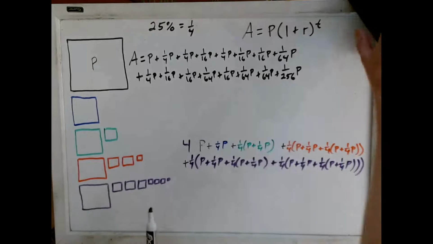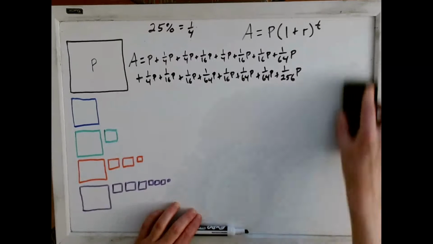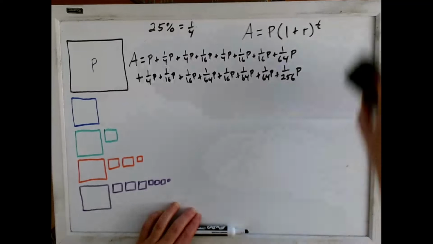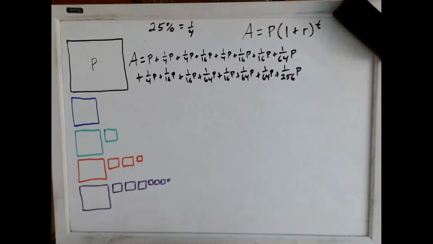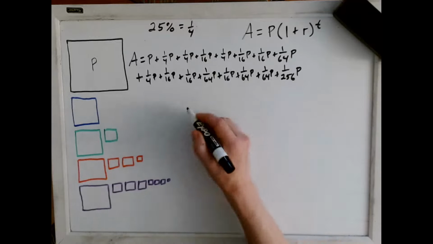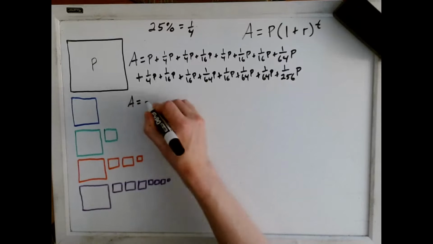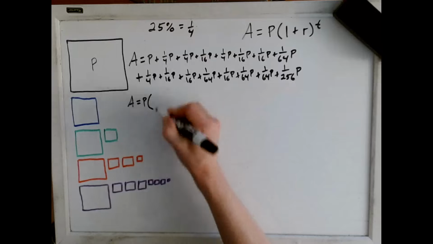So yes, we distributed that correctly. Let's erase those. Now what we can notice is that each of the terms in here is multiplied by P, which means that we can factor out that P.